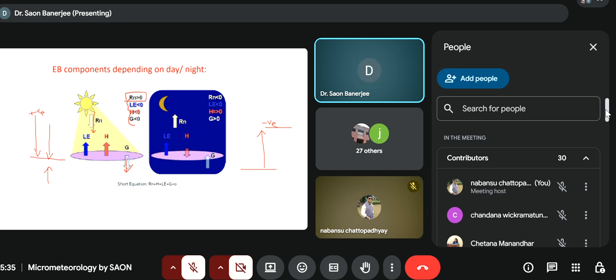So at night, what will happen? At night there is no incoming solar radiation. Only due to the temperature of the Earth we are getting outgoing radiation, so the net radiation is negative.